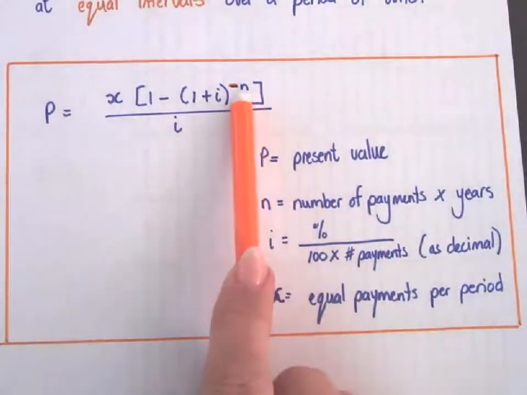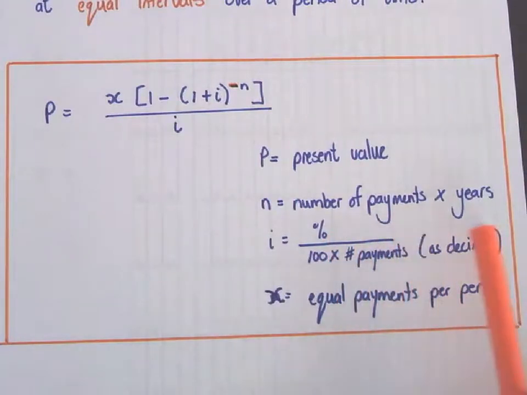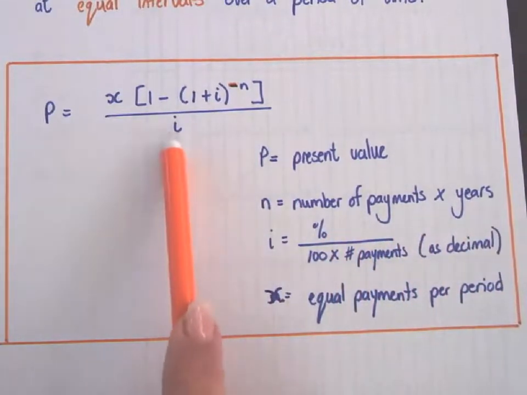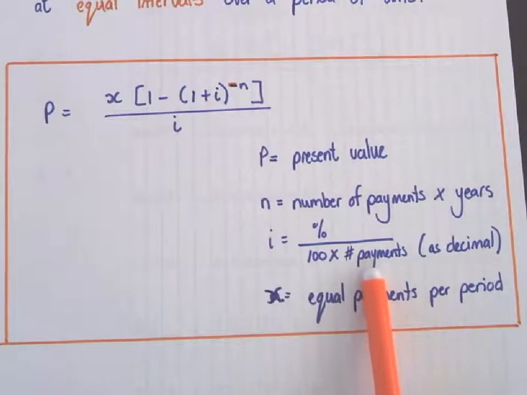The N, which is negative here, is the number of payments times the number of years. I is still the percentage divided by 100 multiplied by the number of payments in a year. And X are the equal payments during the year.